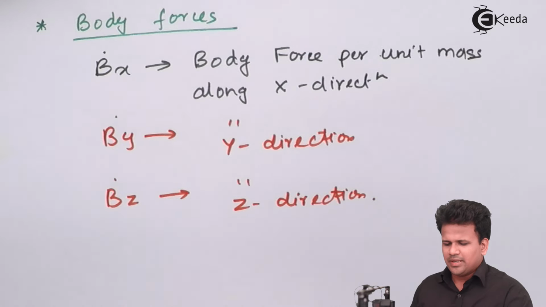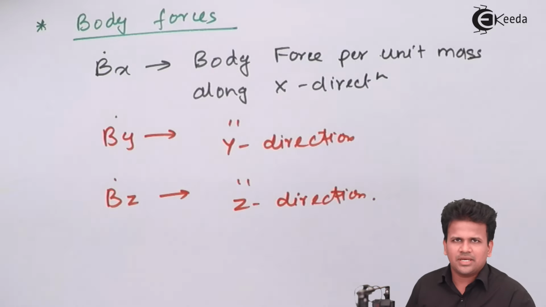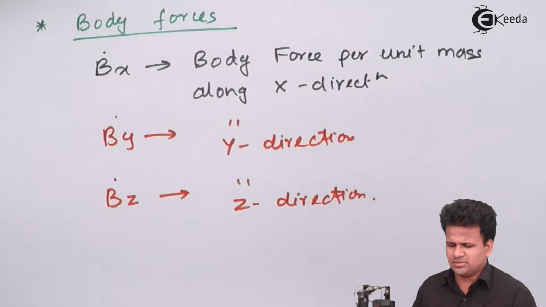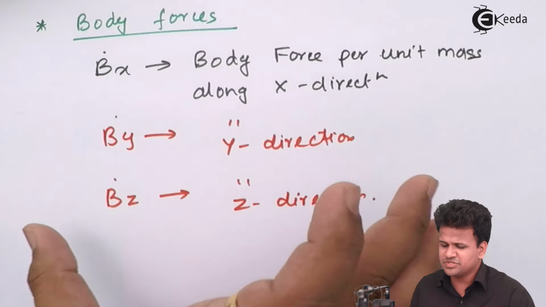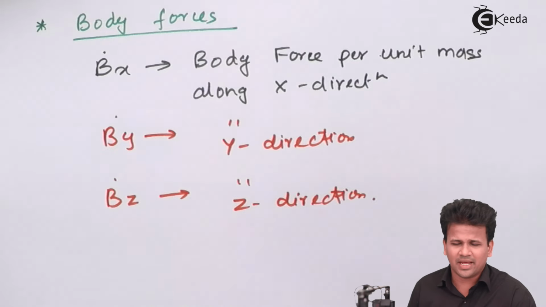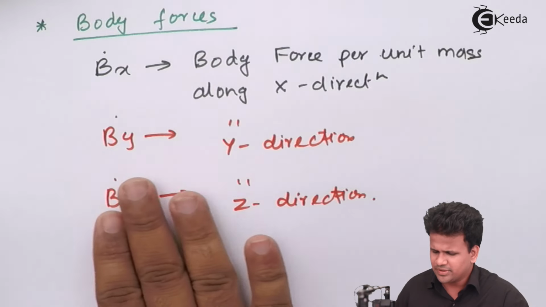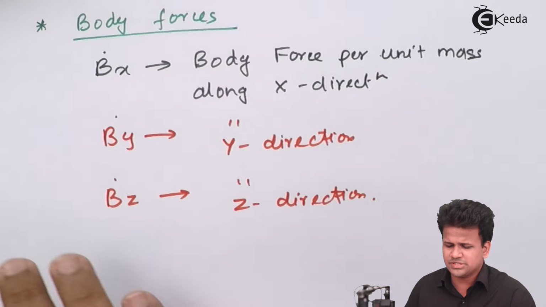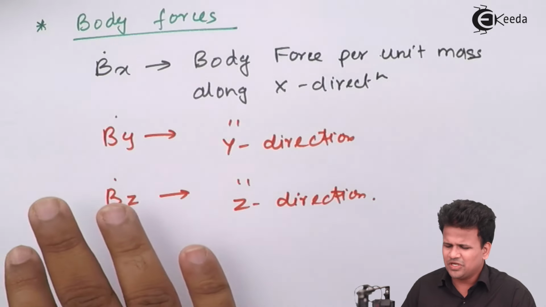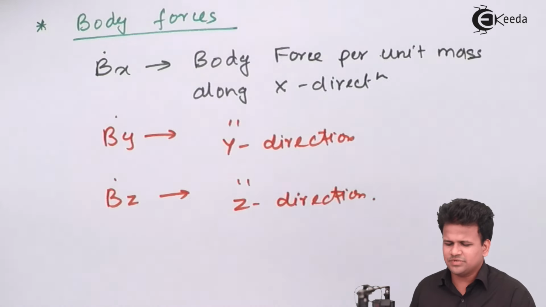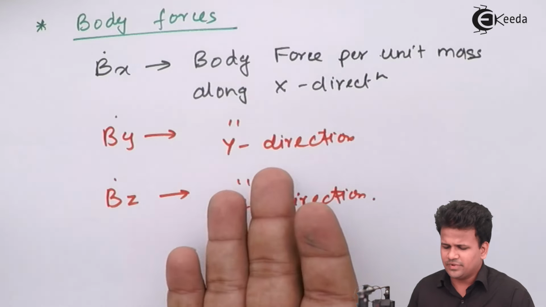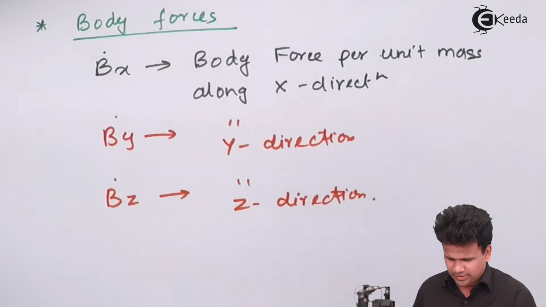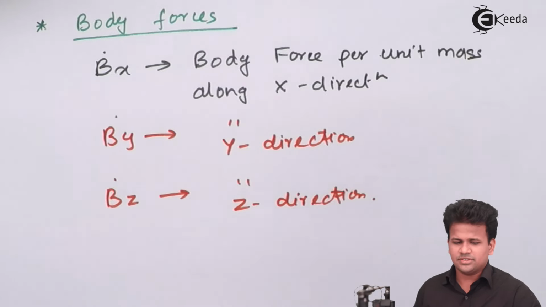But calculating these body forces is not a part of fluid mechanics, so we'll just write the body forces in the equation, but we will not solve them as a function of x, y and z. We'll just write down these forces.